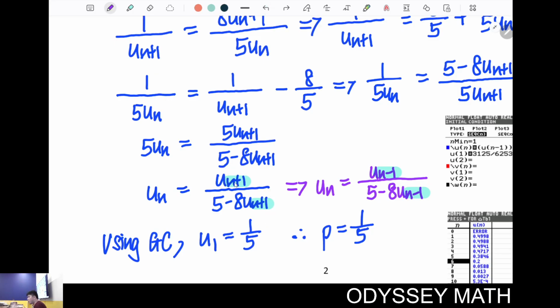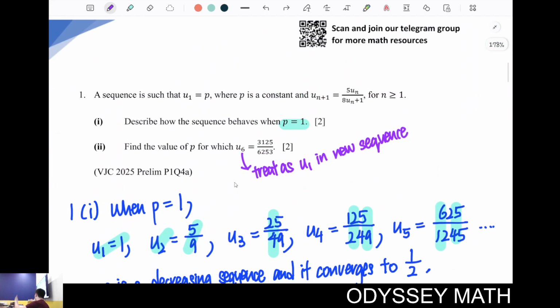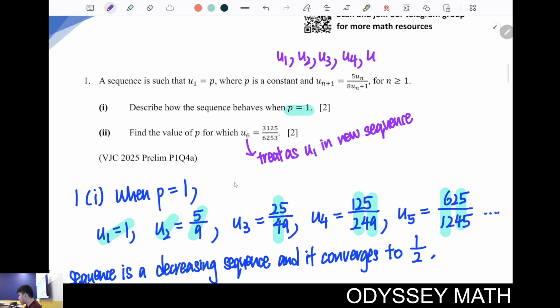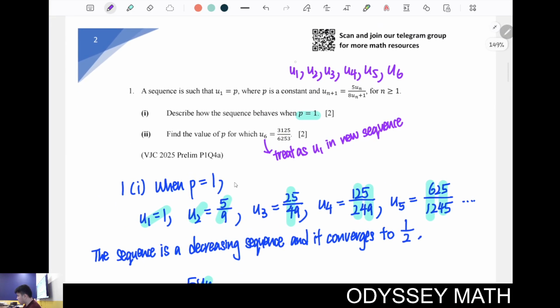So in fact, what we are doing is reversing the sequence. All along, throughout my introduction of this chapter as well as the practice questions earlier, we have always been looking at the sequence from small to big. So now, instead of looking at the sequence from small to big, for u6 over here, I treat it as u1.